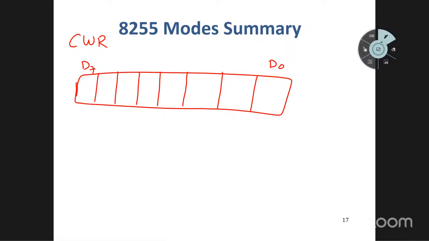This is the PC lower, PC upper, port A, and D6, D7, sorry, D5, D2, D1, then the mode of group.